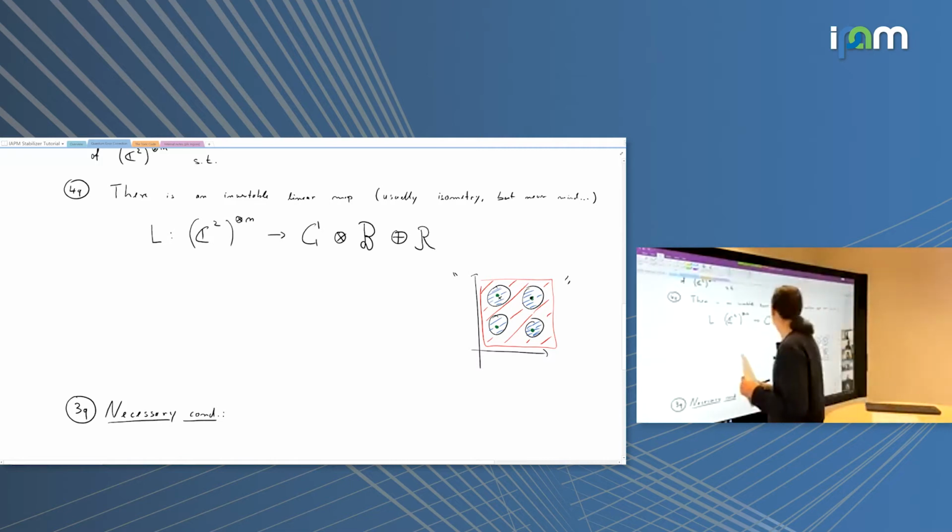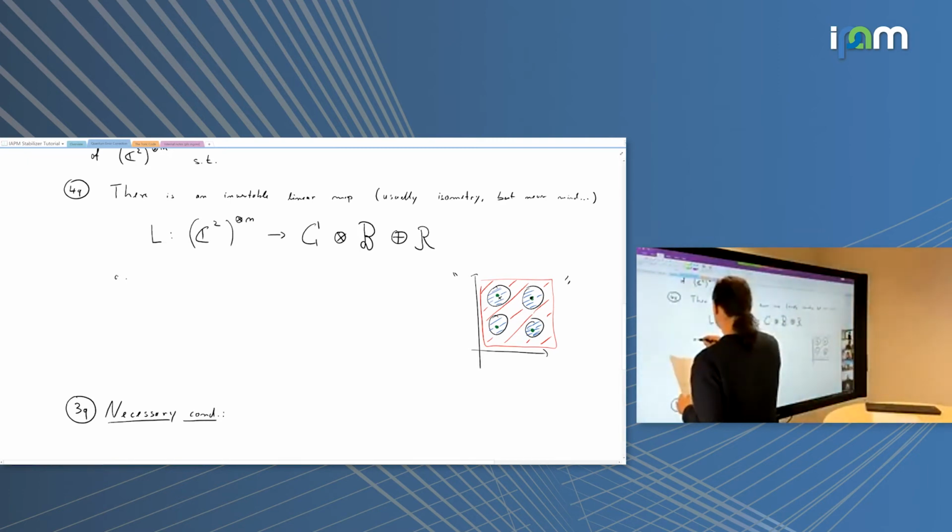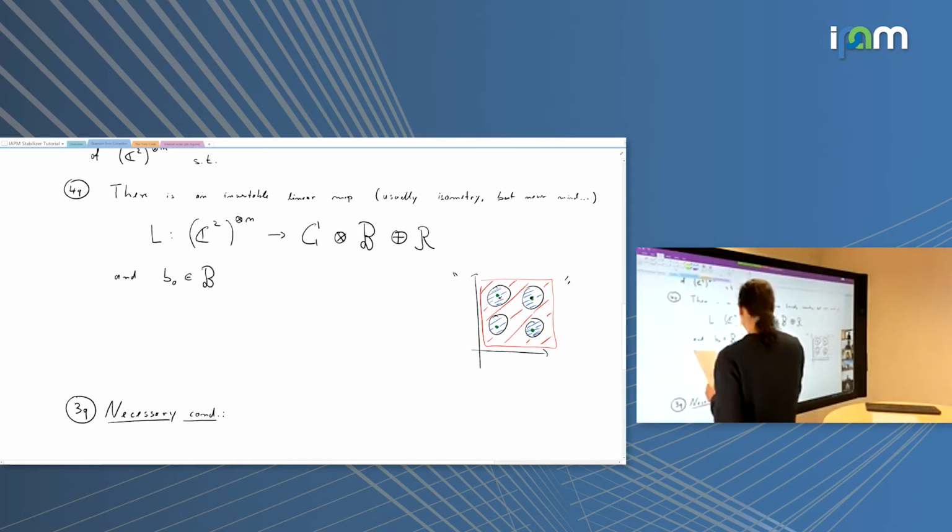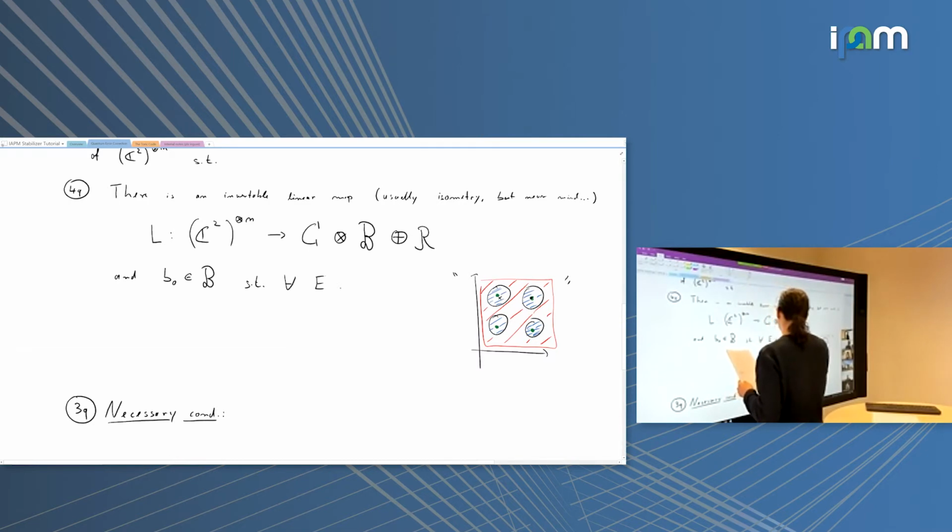Okay, so I want to decompose the space in such a way. Also, I need an element just as before in B that tells me that no error has occurred, such that for all errors in ED, I get the following.